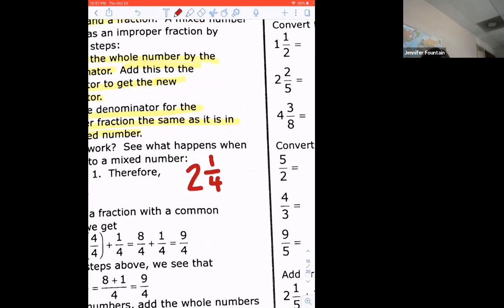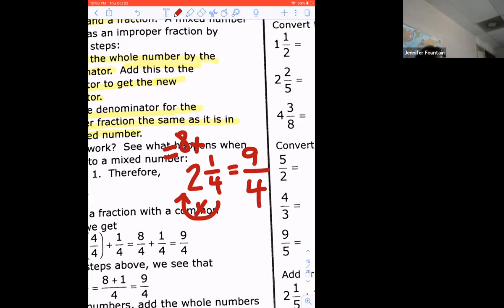with 2 1/4, step 1 says I'm going to multiply. So I multiply 4 times 2, and 4 times 2 equals 8. Then I add 8 plus my numerator, 8 plus 1 is 9, and I keep my denominator.